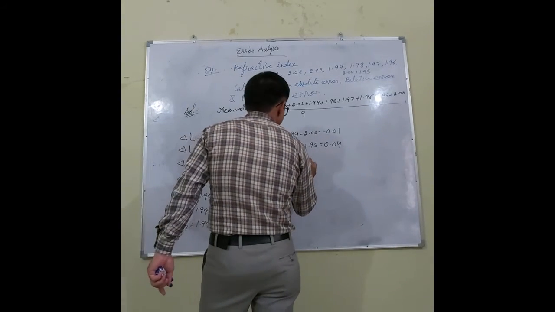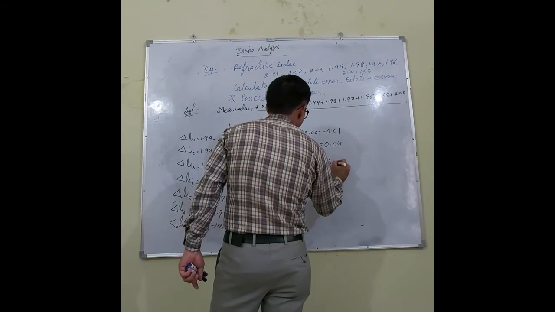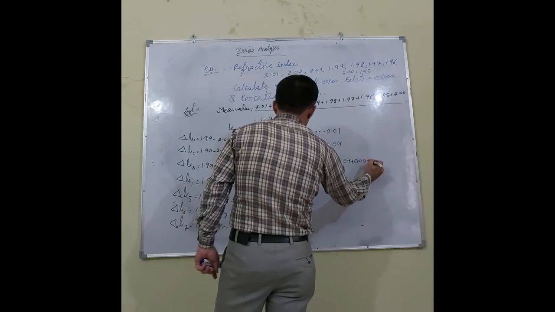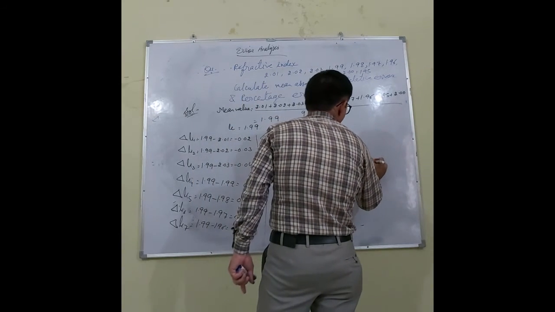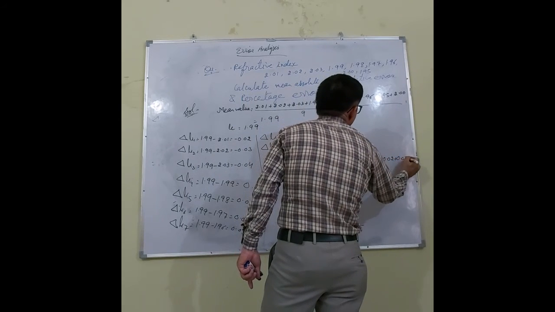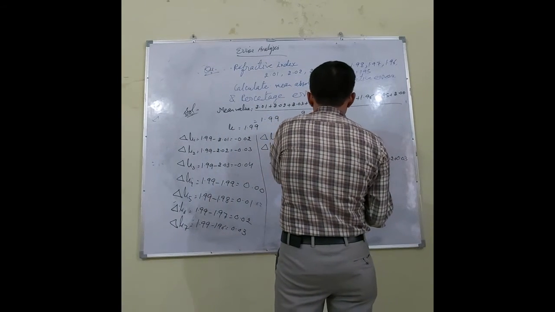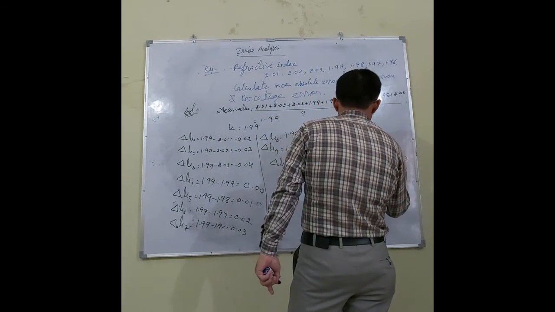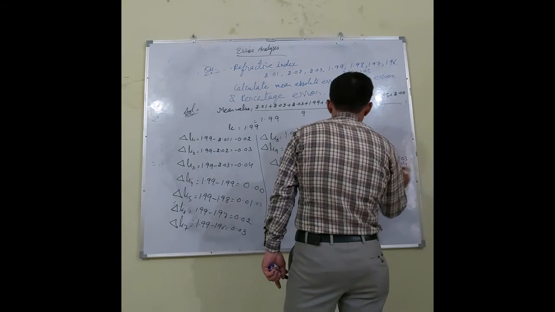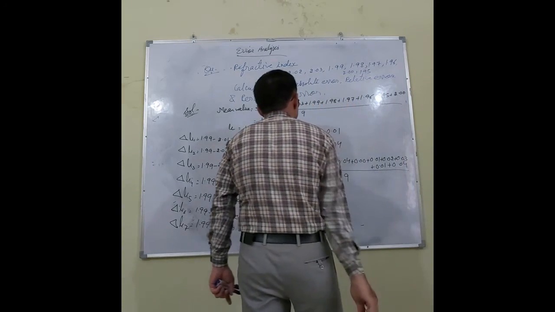So it will be 0.02 plus 0.03 plus 0.04 plus 0 plus 0.01 plus 0.02 plus 0.03 plus 0.01 plus 0.04, divided by 9.